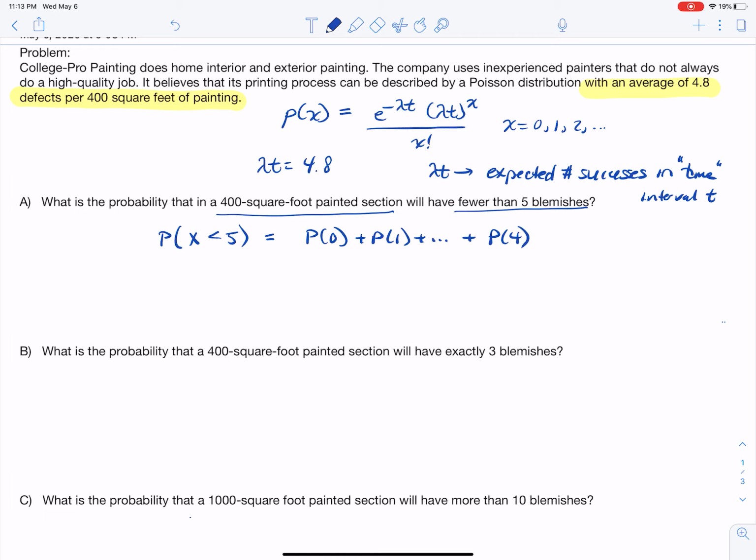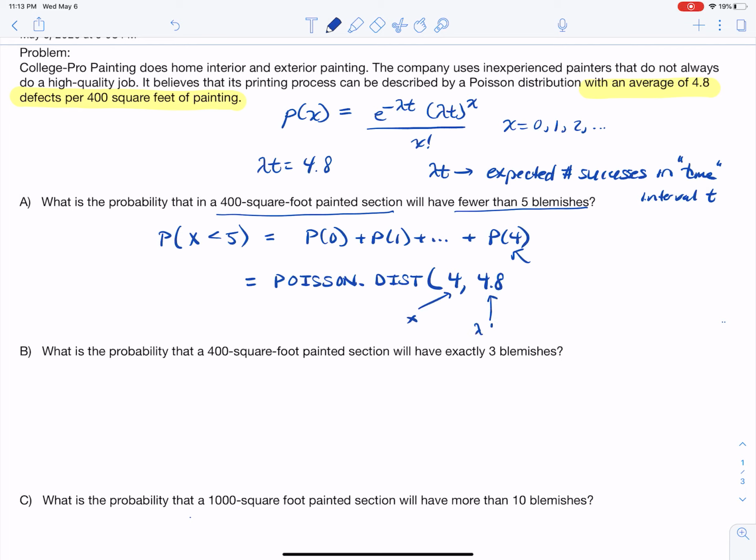Now in Excel, we have a function that's called Poisson.dist. And what goes first is the number of successes. Now, if it's cumulative, we use the highest number of successes. We then put in the mean rate, which is 4.8. So I'm going to call this x.